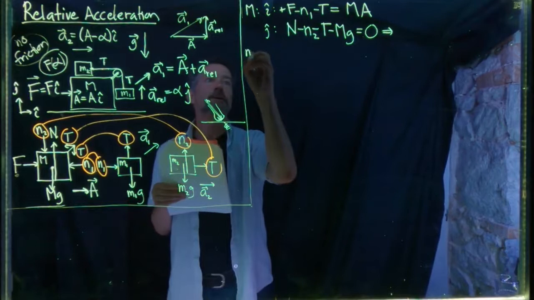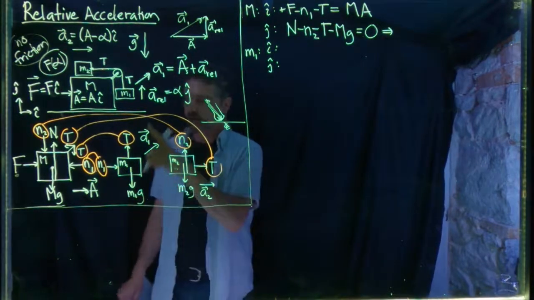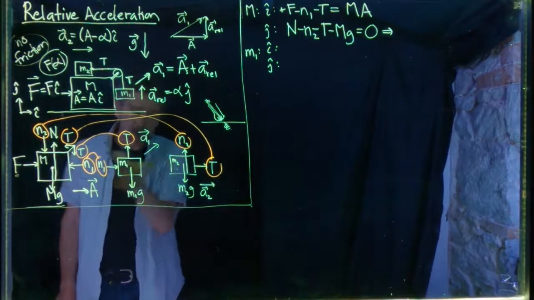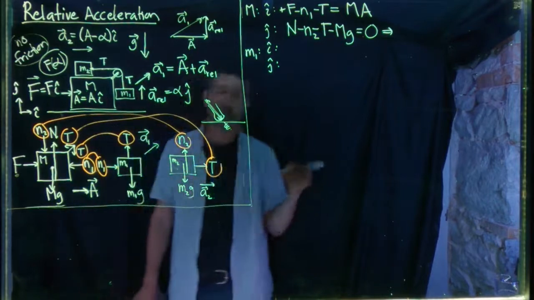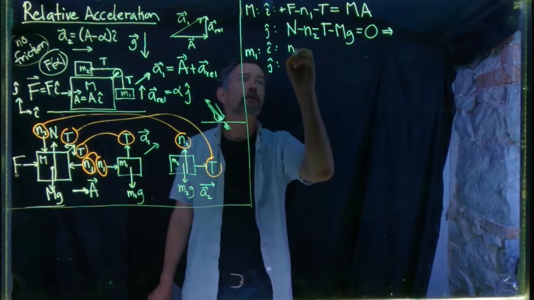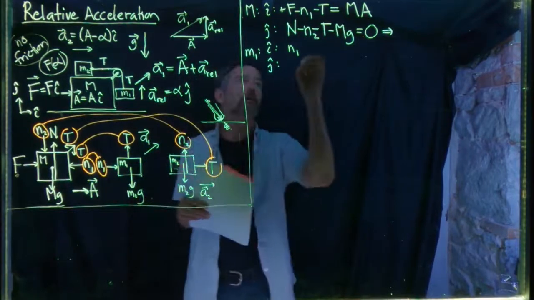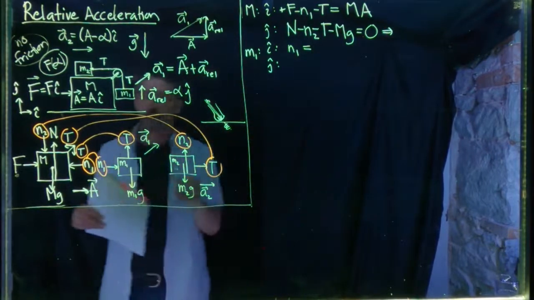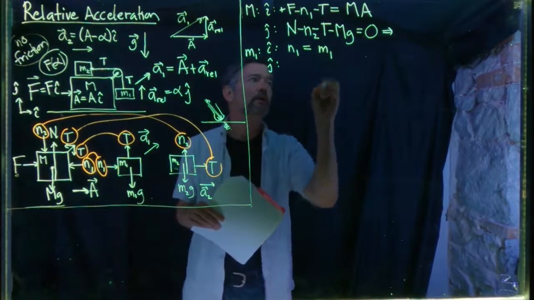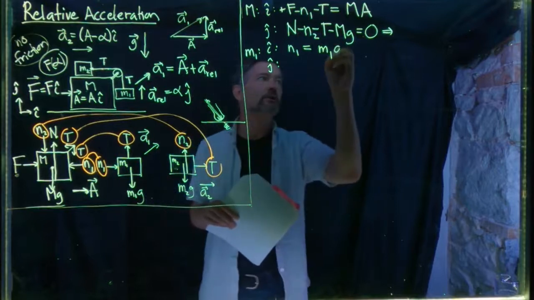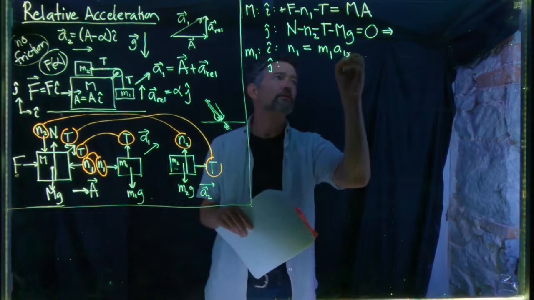Okay, now let's go to mass M1. There's an i hat and there's a j hat component. So looking at M1, in the i hat direction, what are all the forces in that direction? Well, there's only one of them. It's positive N1, and that should equal the inertial mass of block M1 times the acceleration of block M1 in the horizontal to the right direction.